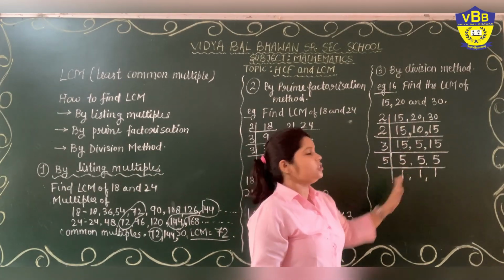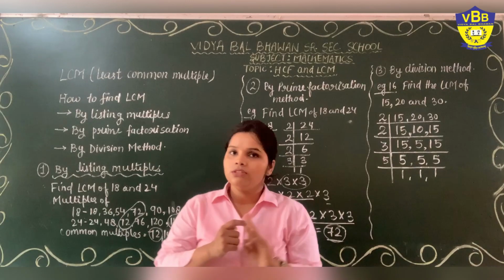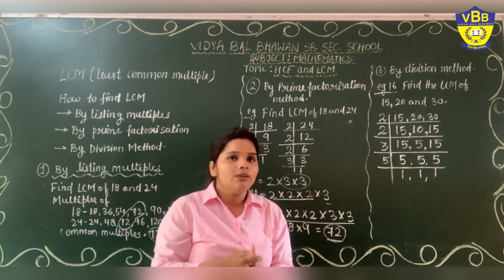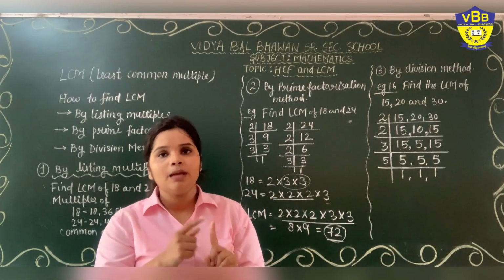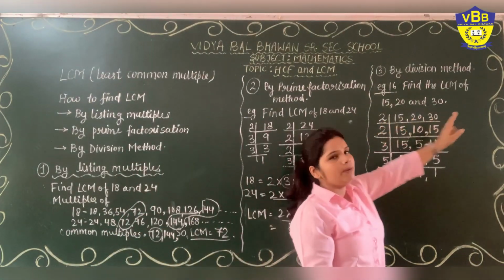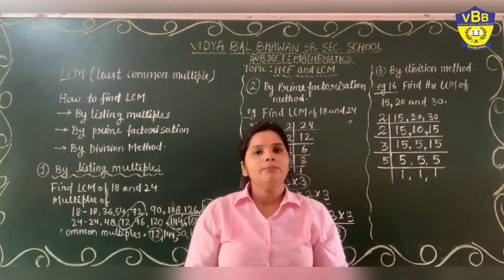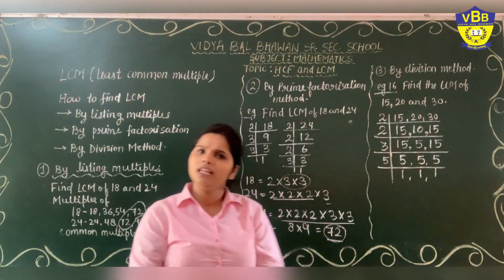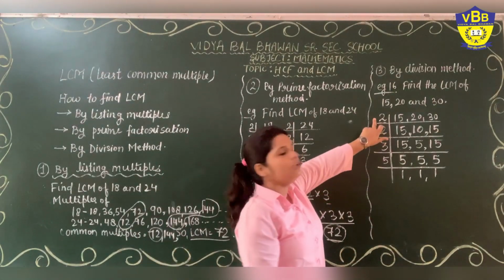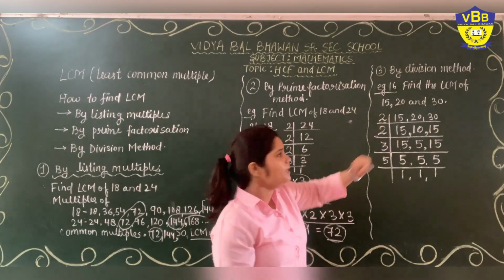This factorization is done. Just keep in mind that you need to start with the smallest prime number, that is 2. If any of the numbers is divisible by 2, we write 2 here and divide that particular number.